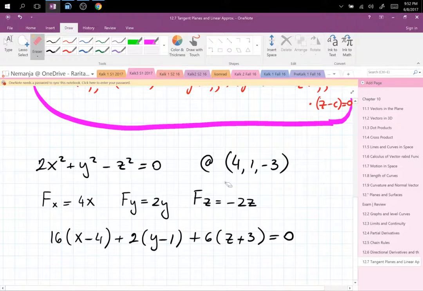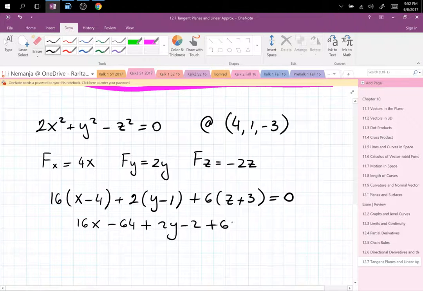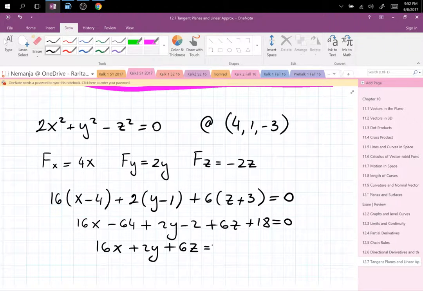You go through each one. Now we could push this to simplify it. This is already fine, but you can do more if you want to. 16 times x minus 4, plus 2y minus 2 plus 6z plus 18 equals 0, which is 16x plus 2y plus 6z equals negative 48.